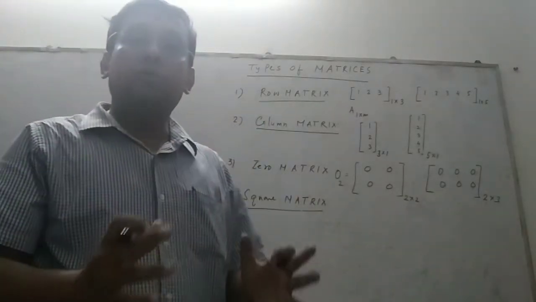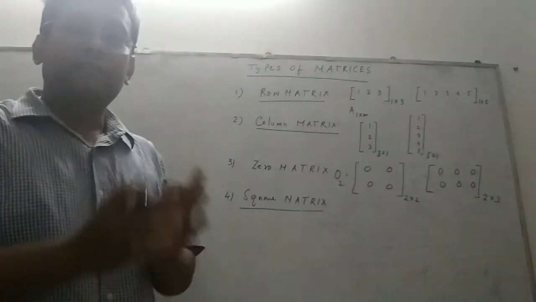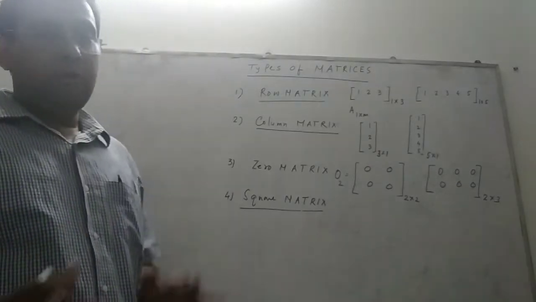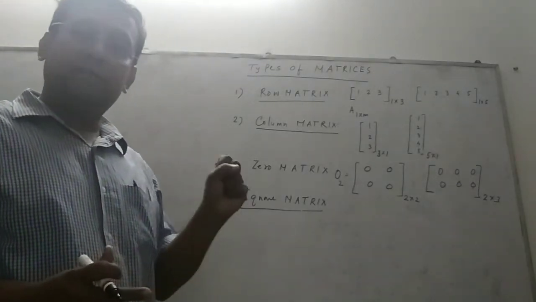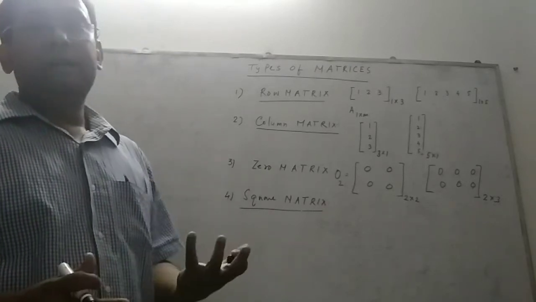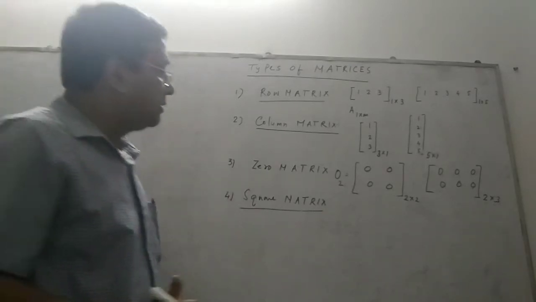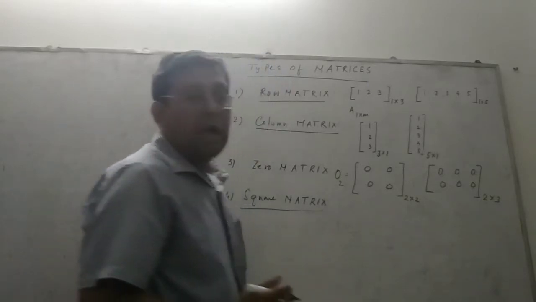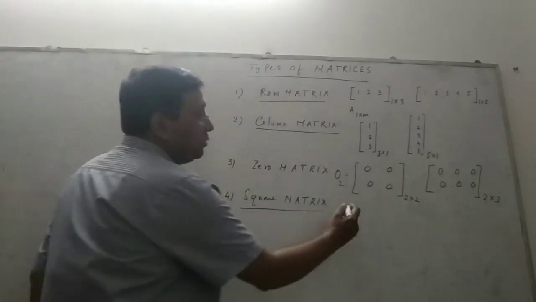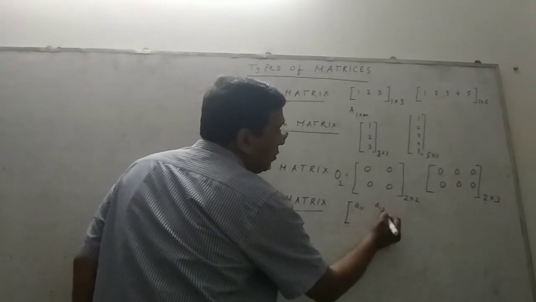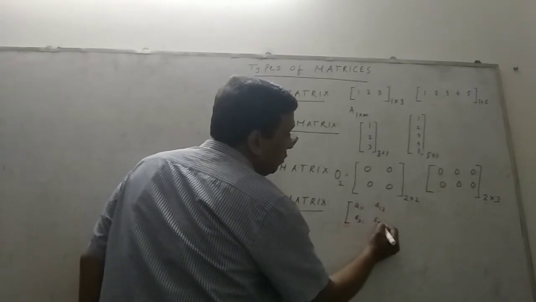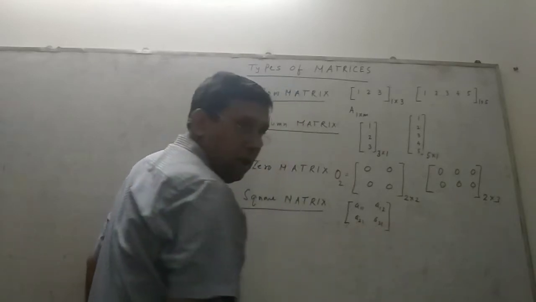When the number of rows and the number of columns of a matrix are the same, when the number of rows and columns of the matrix is equal, we can say that matrix is a square matrix. For example, if I want to write a 2 by 2 square matrix, I should write in this way: A11, A12, A21, A22. It's an algebraic example of a square matrix.